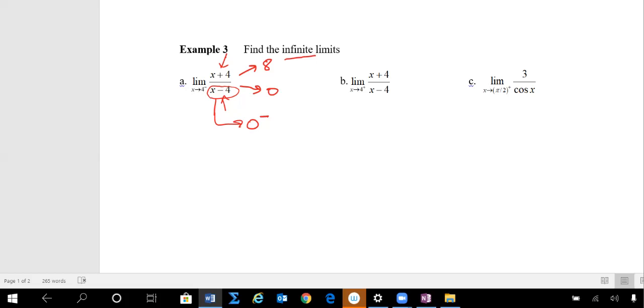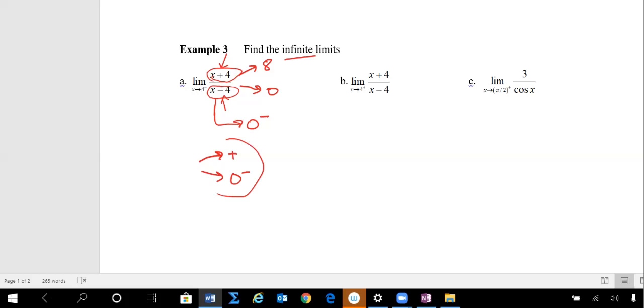Now the numerator is definitely positive, no question. x is heading to 4. It's a little less than 4, but that's still a positive numerator. So we can summarize this. We have numerator heading to positive, denominator heading to 0 but negative.